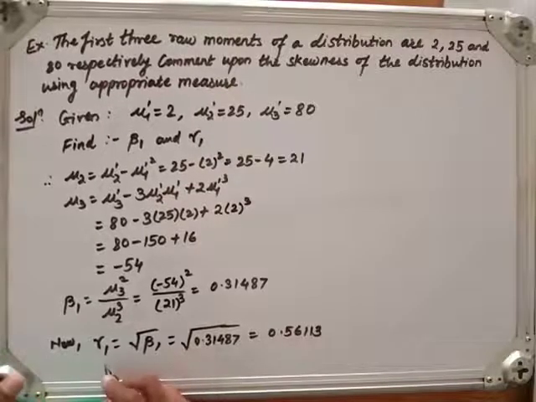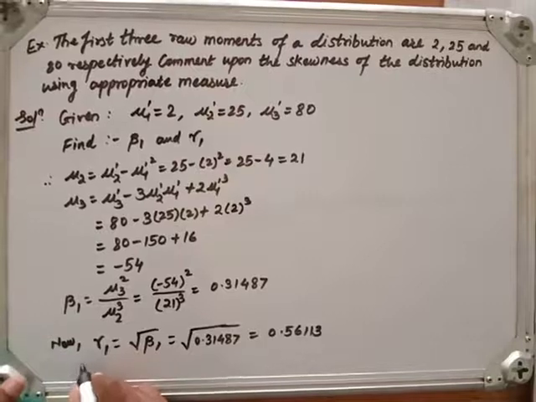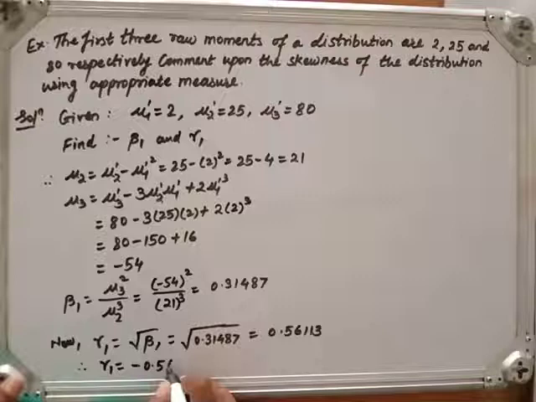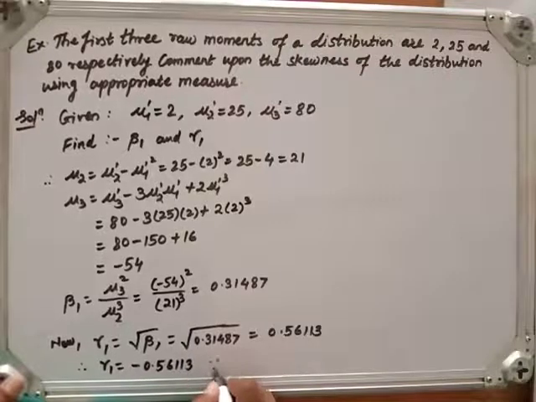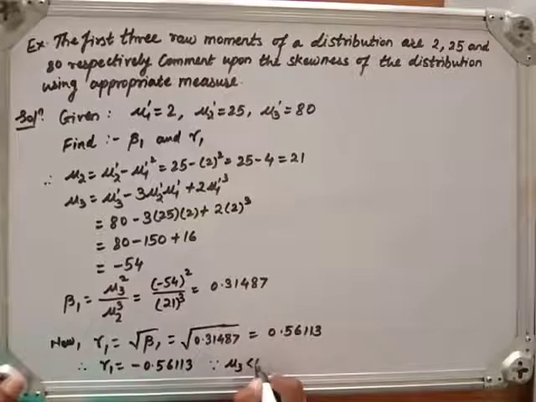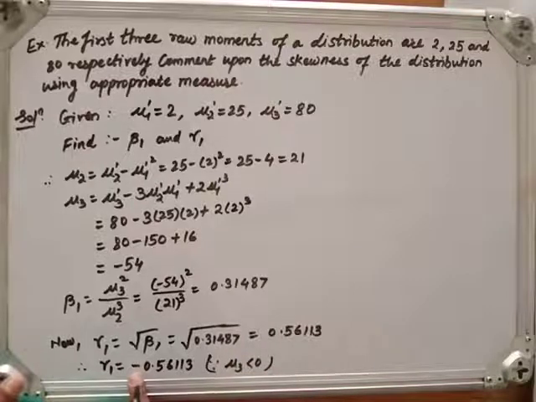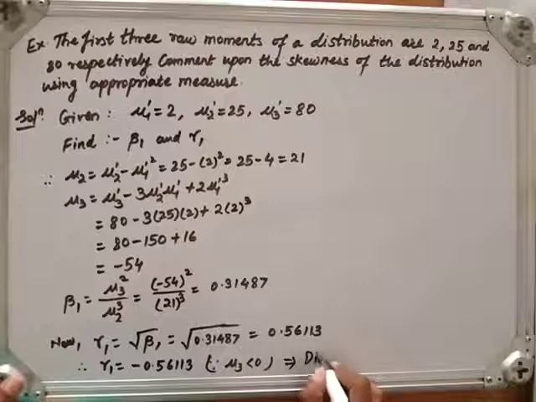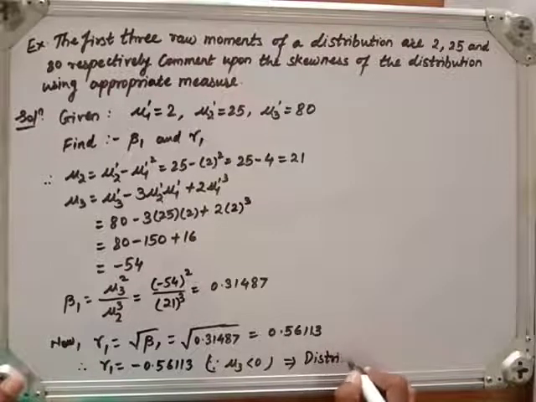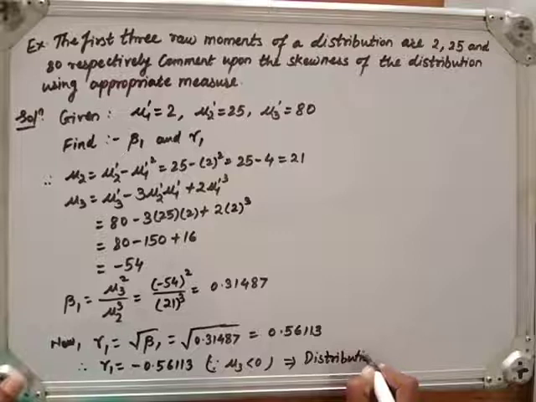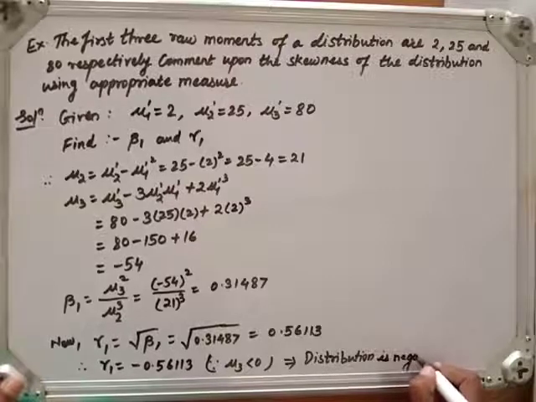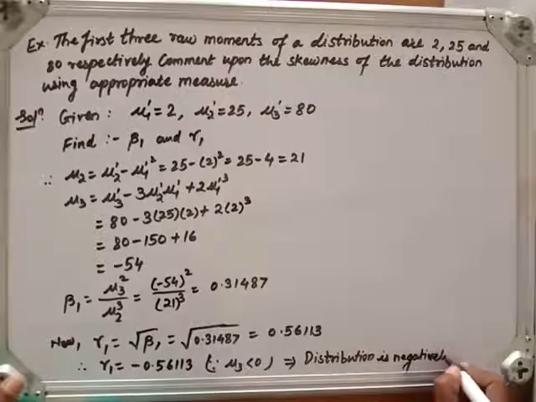Now here we can say gamma 1 is minus 0.56113, since mu3 is negative. Mu3 negative, that's why the sign of gamma 1 is also negative. So this says, we have to comment on the distribution. So this is negative, so the distribution is negatively skewed.